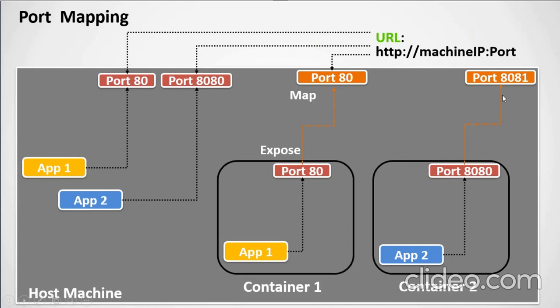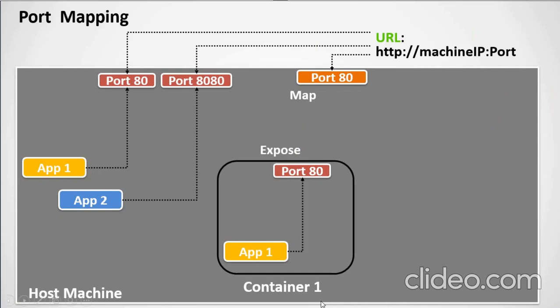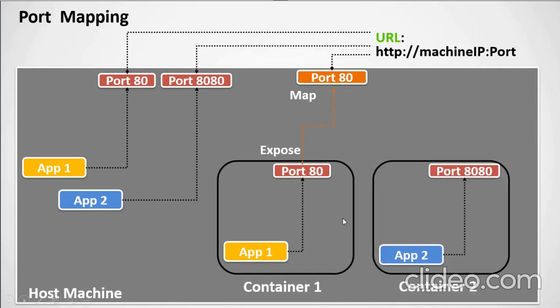Now, while you are doing this, you need to remember that the port number that you are trying to take on the host machine should be available. For example, let's say the application inside the container is having port 8080 exposed. Now, if the same port 8080 is available on the host machine, you can map it.